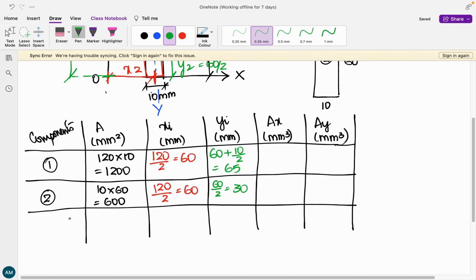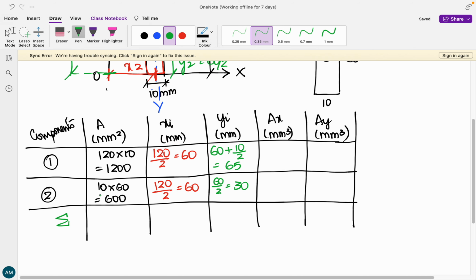Now let us first take the summation of area. It is 1200 plus 600, so 1800. Next a into x: 1200 into 60, which is 72 followed by 3 zeros. The next one, 600 into 60, 36 followed by 3 zeros.